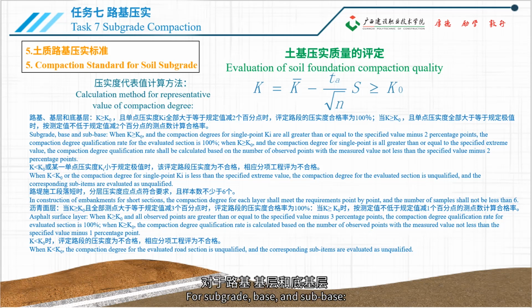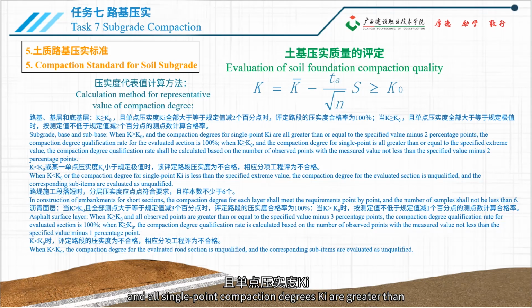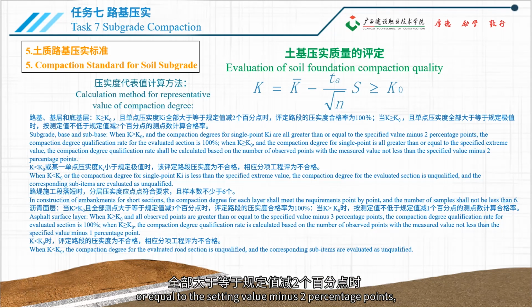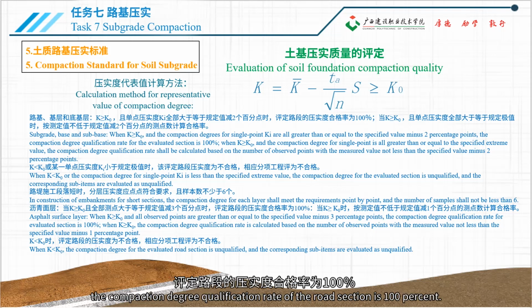For subgrade, base, and subbase, if the representative value K is greater than or equal to the standard compaction degree K0, and all single-point compaction degrees Ki are greater than or equal to the setting value minus 2 percentage points, the compaction degree qualification rate of the road section is 100%.